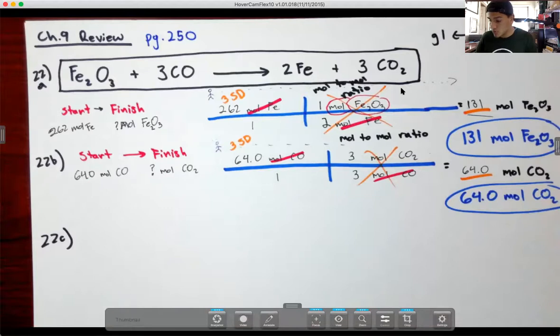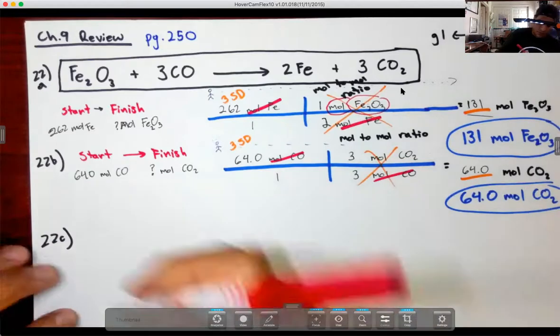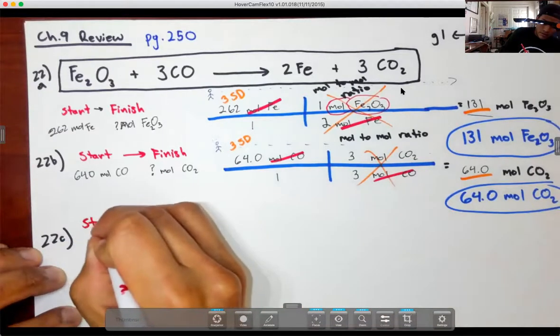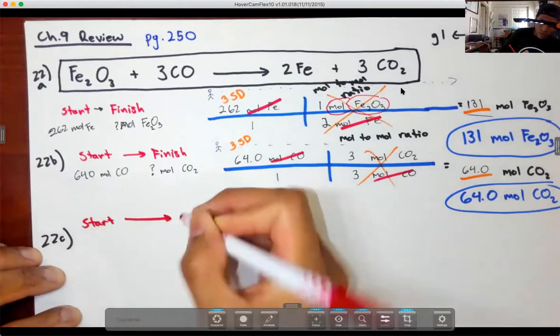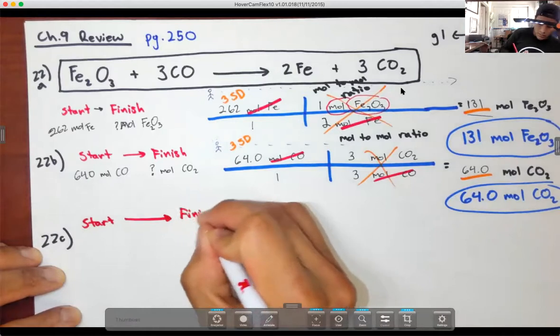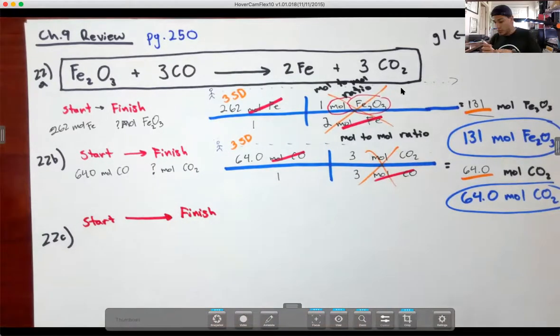How many moles of Fe2O3 must react to produce 760 kilograms of Fe? So this is a little bit different, okay? Because if you notice, we're not just going from moles to moles anymore. What are we starting with now?